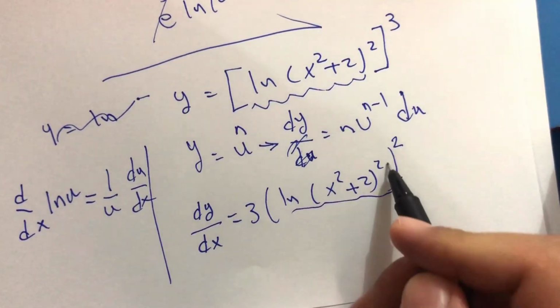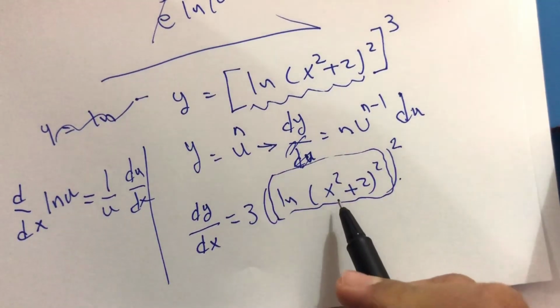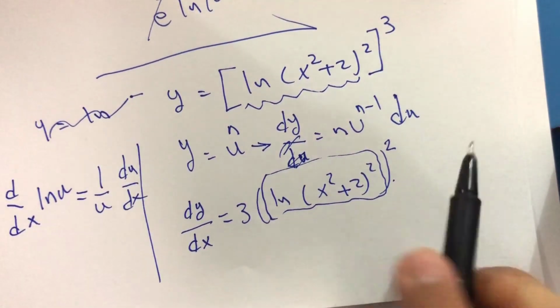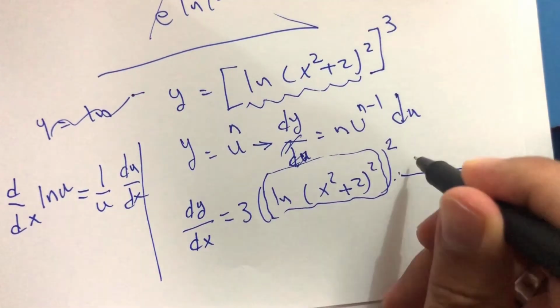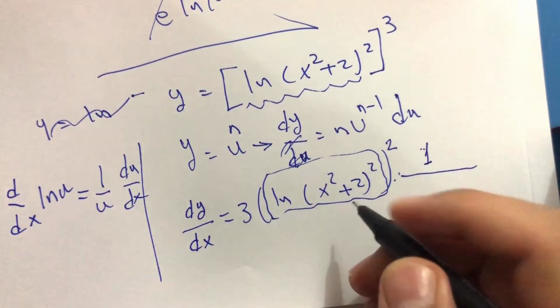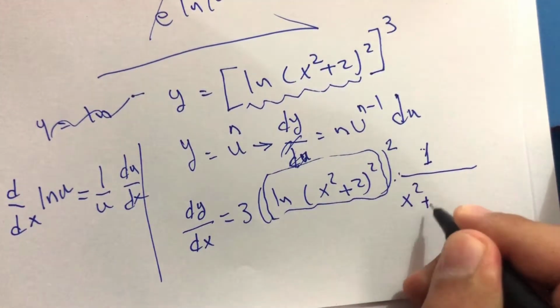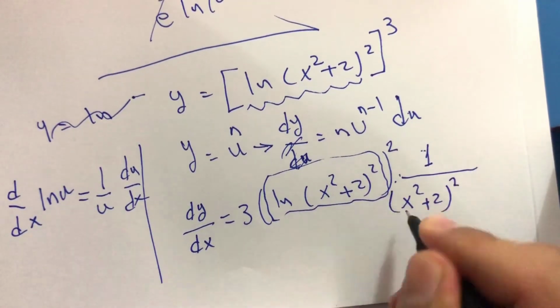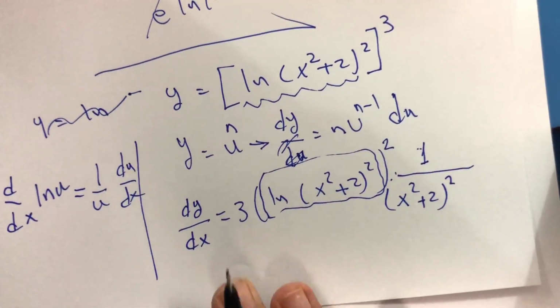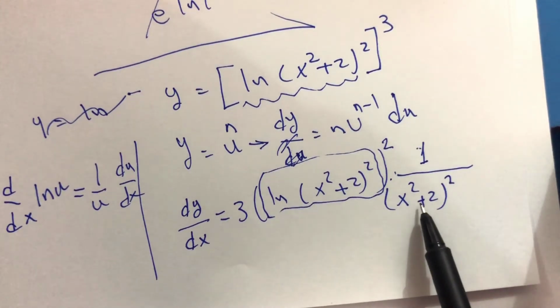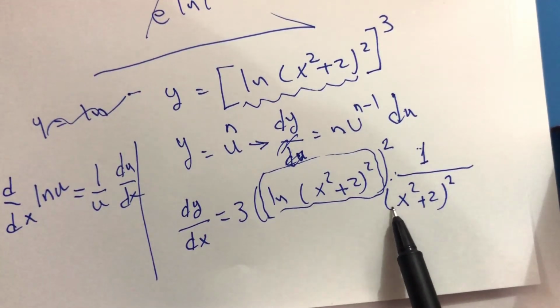I want to find the derivative of this only, so this will be 1 over (x squared plus 2) to the power 2 multiplied by the derivative, du by dx, of this function.